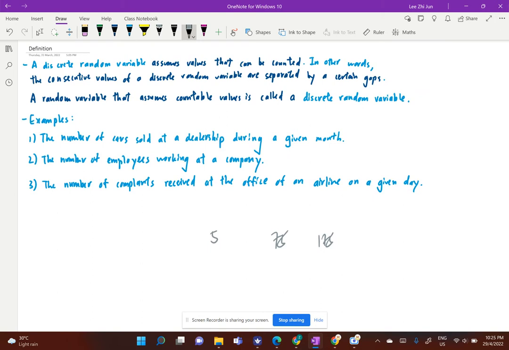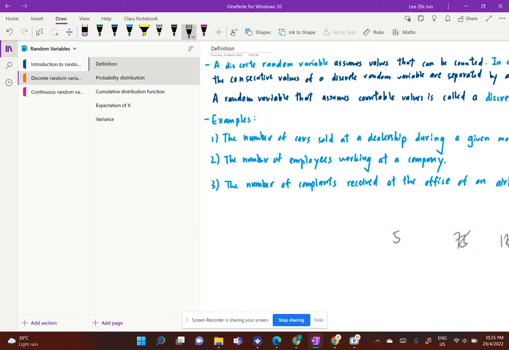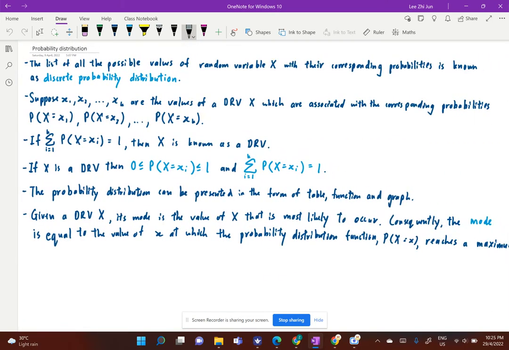The examples are the number of cars sold at a dealership during a given month, the number of employees working at a company, and last, the number of complaints received at the office of an airline on a given day. This can be counted, so they are discrete.